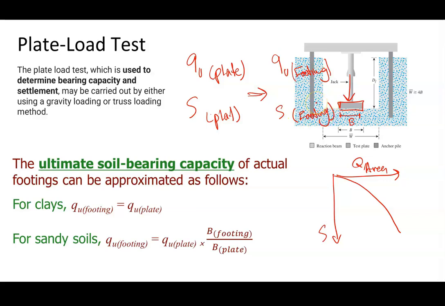So you need to make sure that you are selecting the correct formula. If you're looking for ultimate bearing capacity, for clay, QU of footing is equal to QU of plate. In sandy soil, QU of footing is equal to QU of plate times width of footing divided by width of plate.